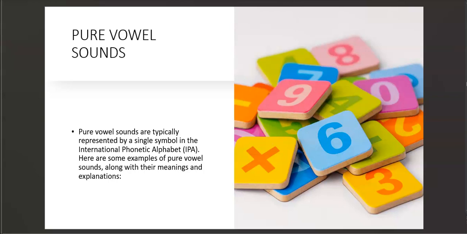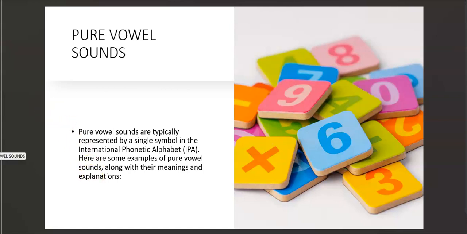If you were part of my former lessons, we know what phonetic awareness is, what phonics are, what phonemes are, because I've already taken you through this. We talked about phonemes being just sounds, and these pure vowel sounds are just represented by one symbol in the International Phonetic Alphabet.